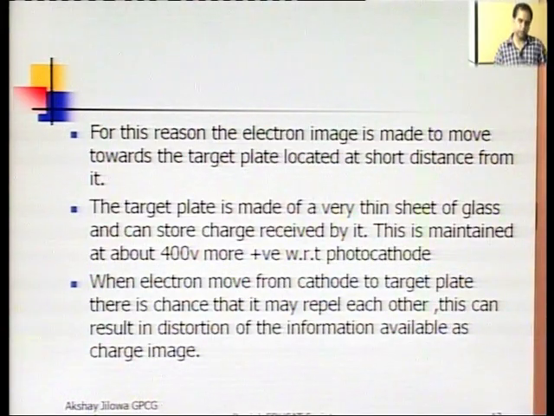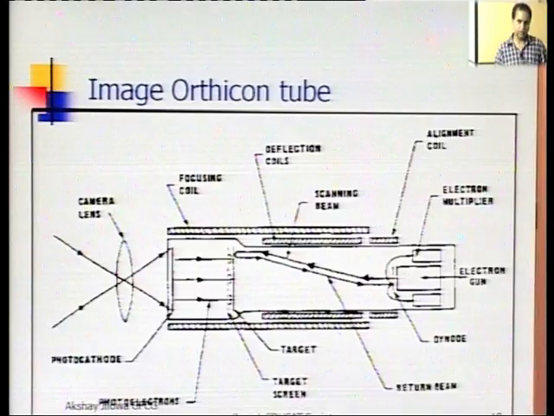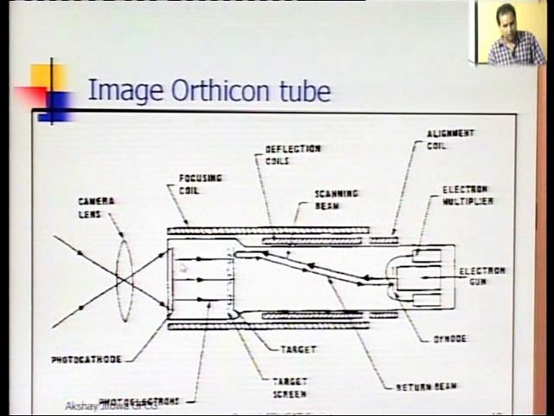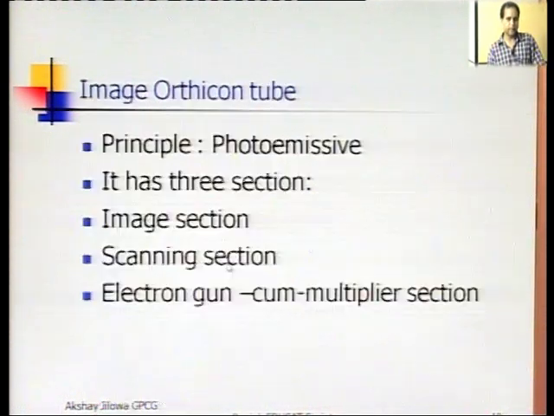As I showed you in this slide, the target screen is kept a little distance from the photocathode. So, these electrons which are liberated from the photocathode travel to the target screen.